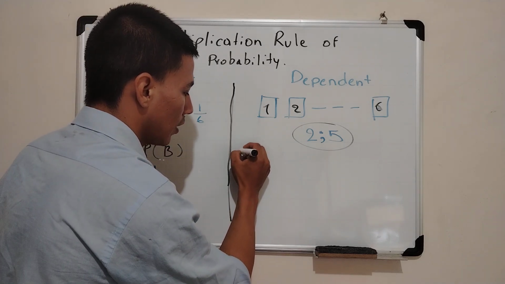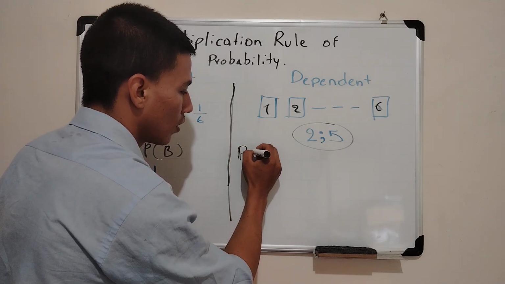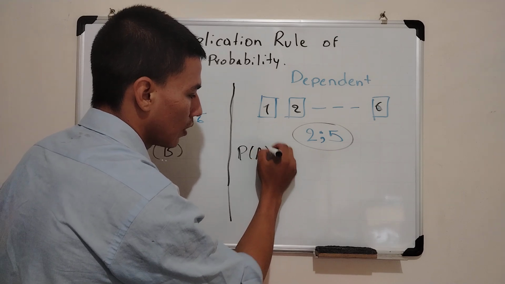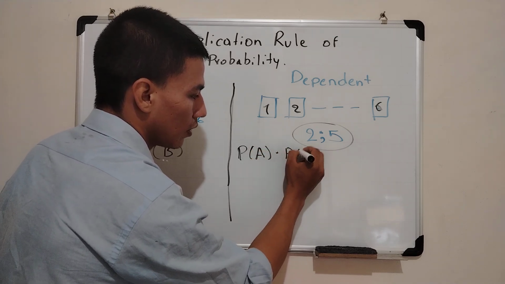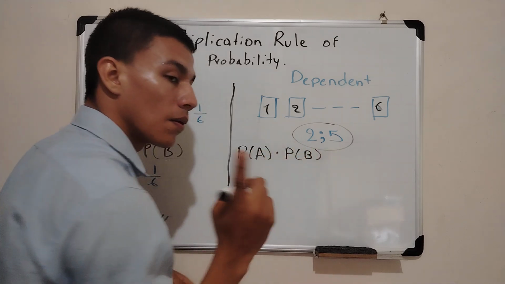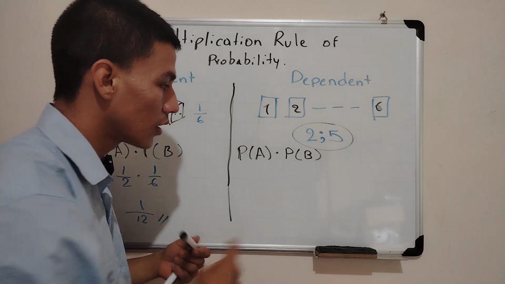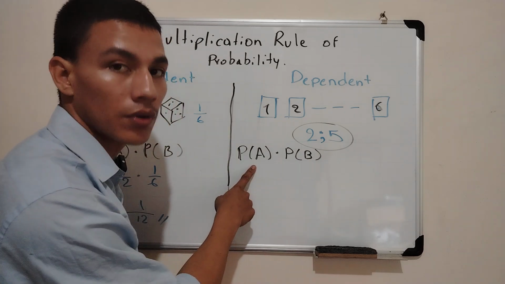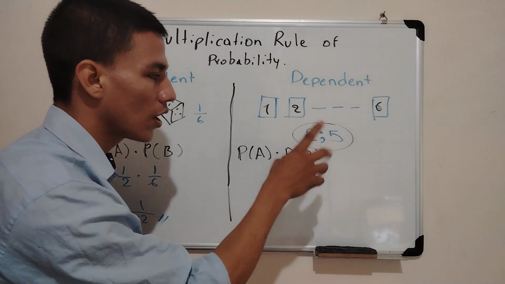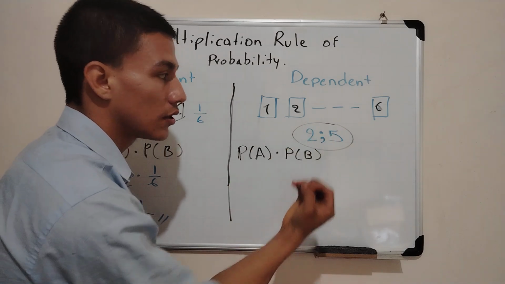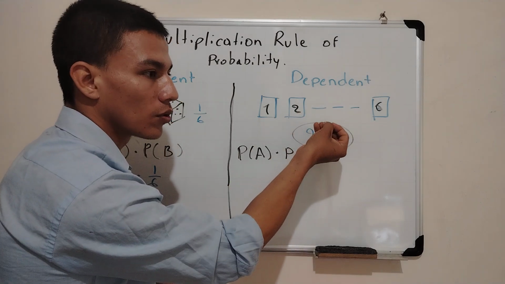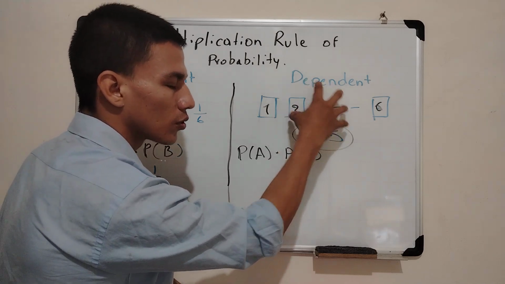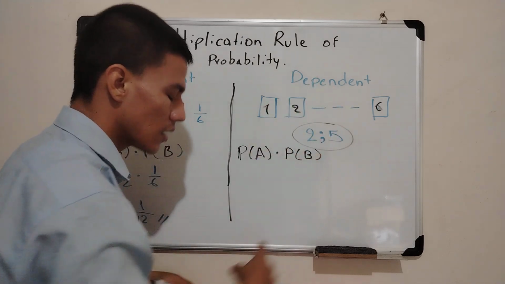The probability of A times the probability of B, given the circumstances that A has already occurred. So in that case, you get fewer possibilities.